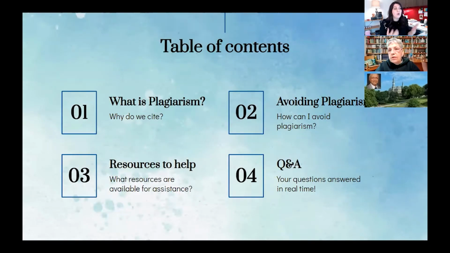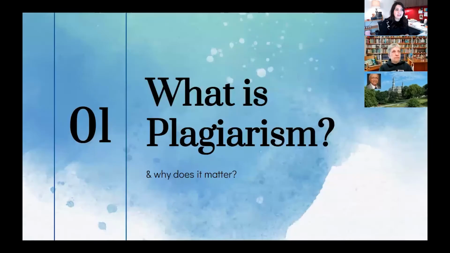We're going to go over what resources we have available, as well as where to get help if you need additional assistance, either from me or from one of our other amazing services here on campus. And then again, at the end, we'll have time for some questions. If you have questions, you can send them in the chat, or you can unmute at the end and we'll discuss all of them. I want to make sure you all have an opportunity to ask whatever you need to in order to be successful today. So we'll go ahead and get started with that.